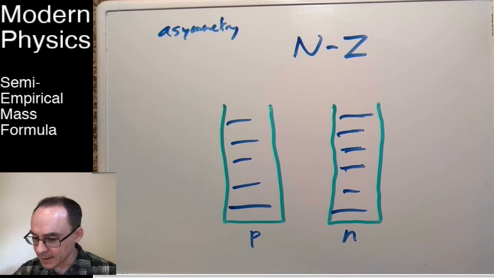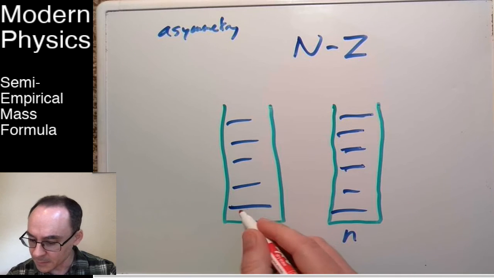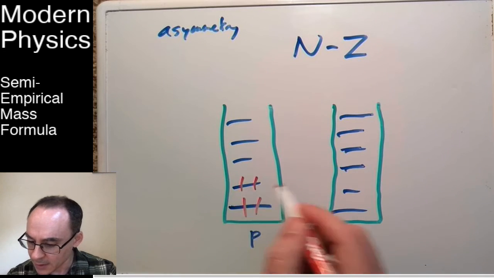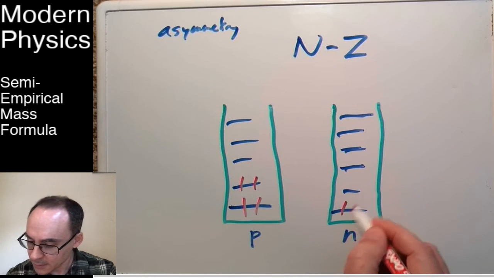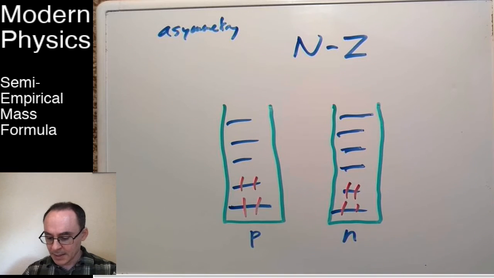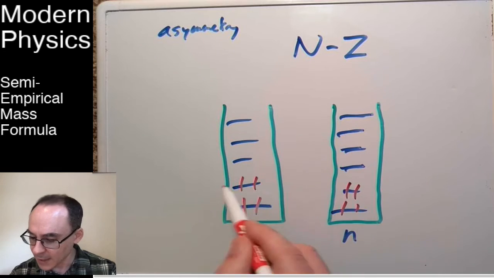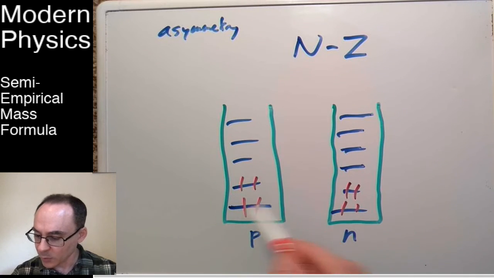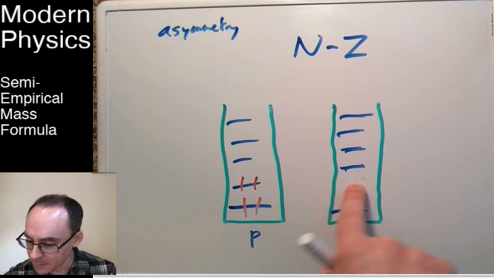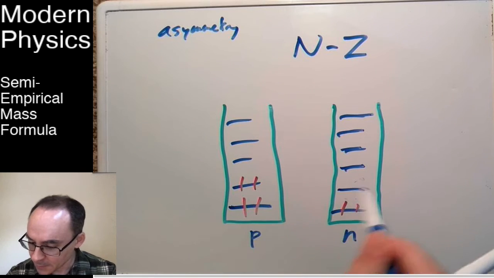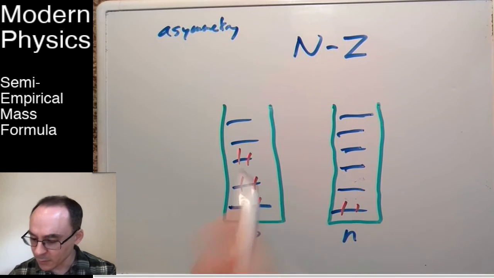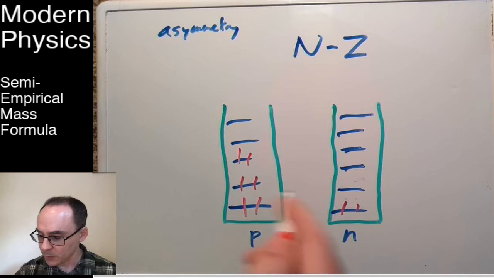And so the idea of this asymmetry term is just that, okay, we've got 2 protons, 4 protons, 2 neutrons, 4 neutrons, and the nuclei much prefer to have a balance of protons and neutrons rather than something like this. This is the same number of particles, 8, but with 6 protons and 2 neutrons.